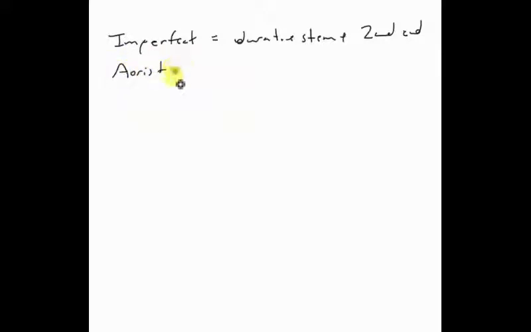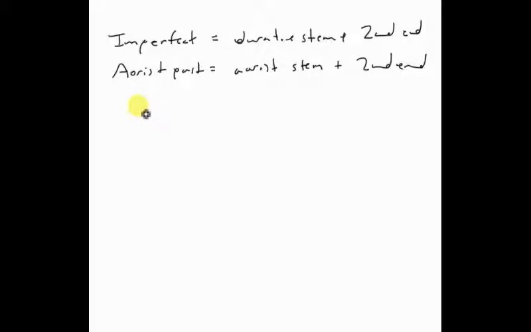And we said that the imperfect, which is the durative past, uses the durative stem plus secondary endings. And we have the aorist past, which uses the aorist stem, plus secondary endings.